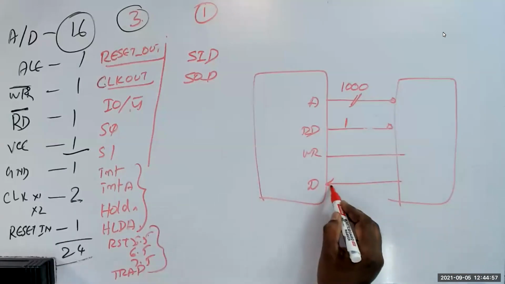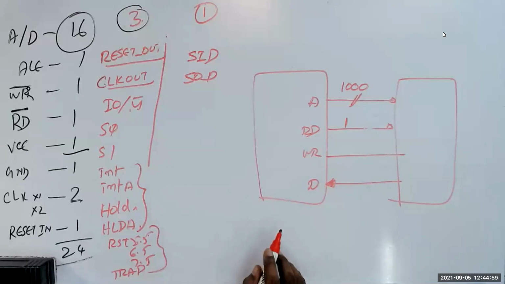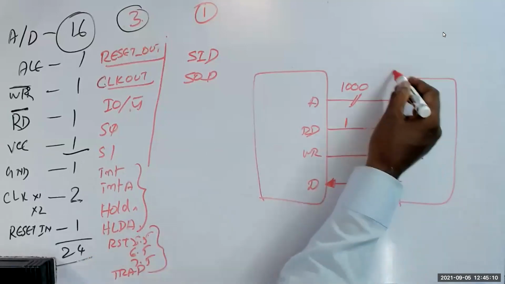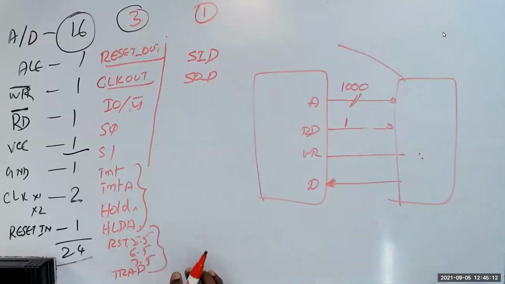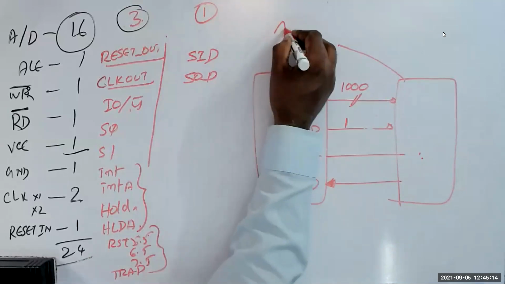How do you know that this memory has given the data? All the memory manufacturers will tell you one important thing, called access time.